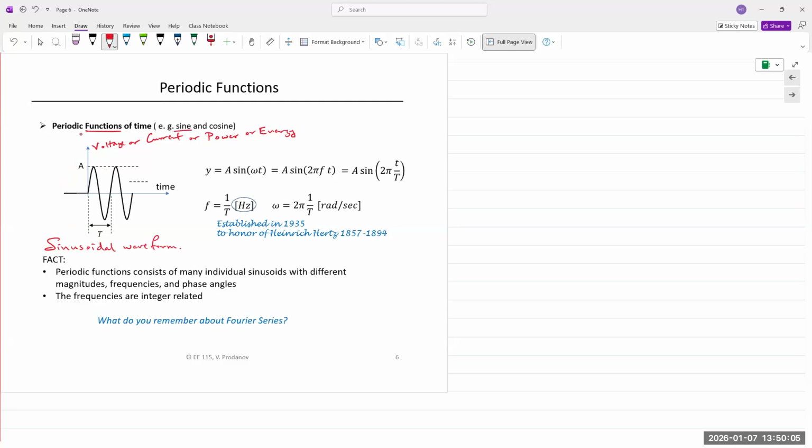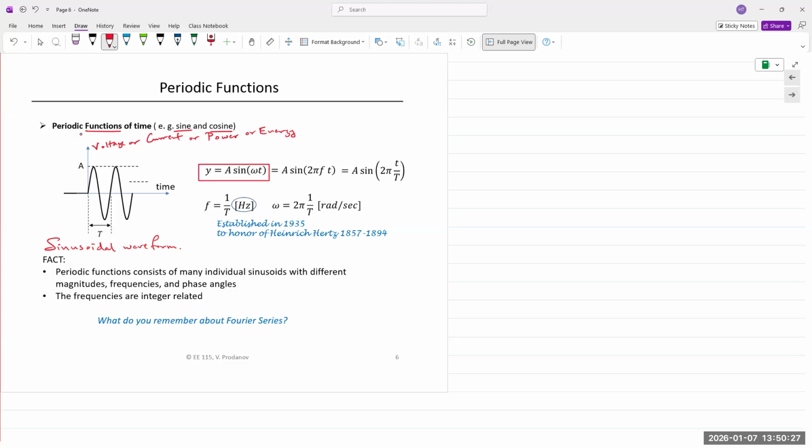So mathematically, it's just sine or cos. And we use those to solve our equations in our systems. So here we have this function where we are representing y equals A sine omega t. A stands for the peak value.